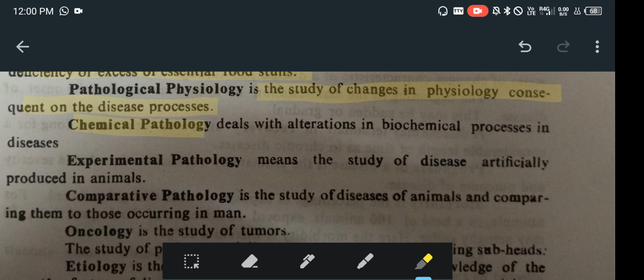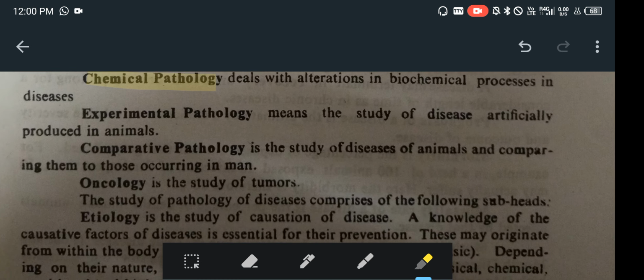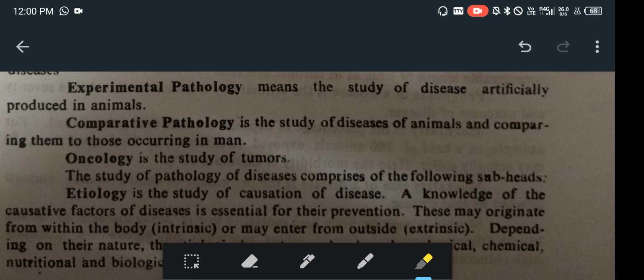Now what is experimental pathology? It means the study of disease artificially produced in animals. In simple terms, we induce a kind of disease in the animal to study it. Now comparative pathology is the study of diseases of animals and comparing them to those occurring in men.